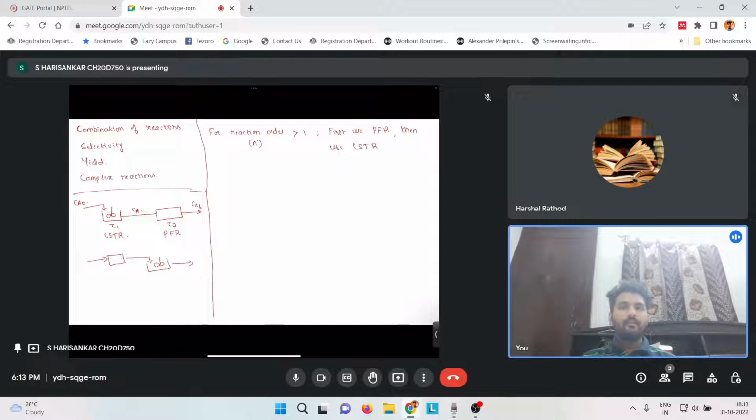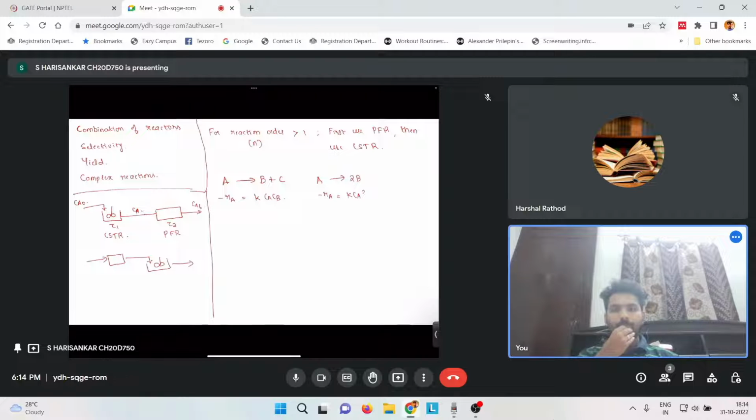What I am trying to say is, let's say a question is asked and you have a reaction, something like A gives B, and the reaction is a first order reaction, or B plus C, and the reaction is a second order reaction, rate equals KCACB. Or you can also have a reaction like A gives 2B, and the reaction rate is KCA squared.